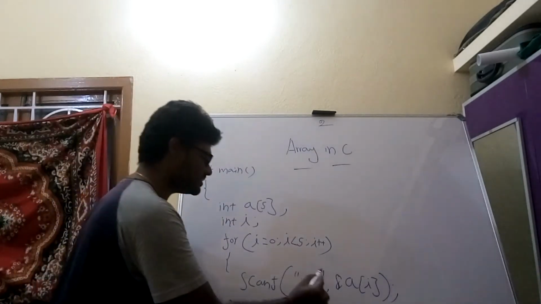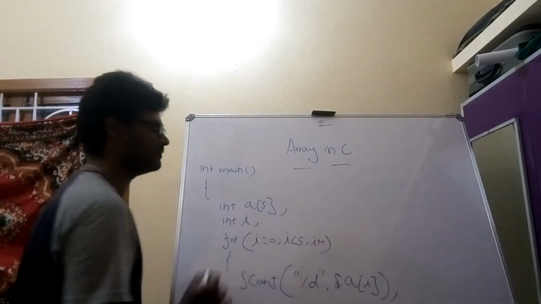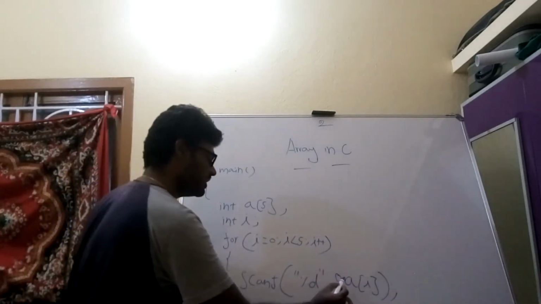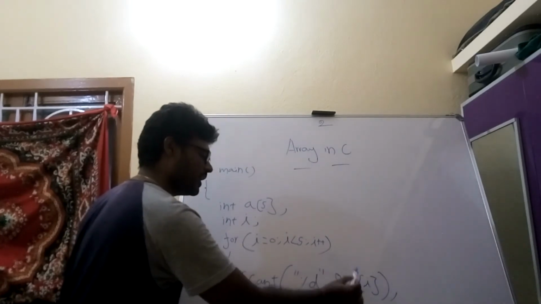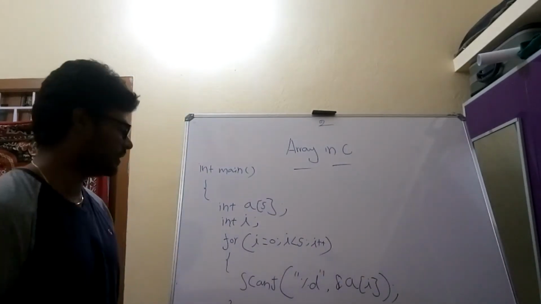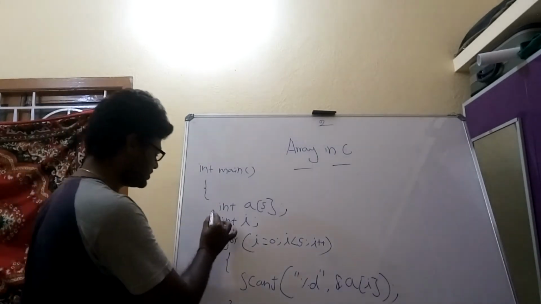In the first iteration i equal to 0, so it gets the element for a[0]. In the second iteration a[1], next iteration a[2], a[3], up to a[4]. Which we have discussed already, how the elements are stored.